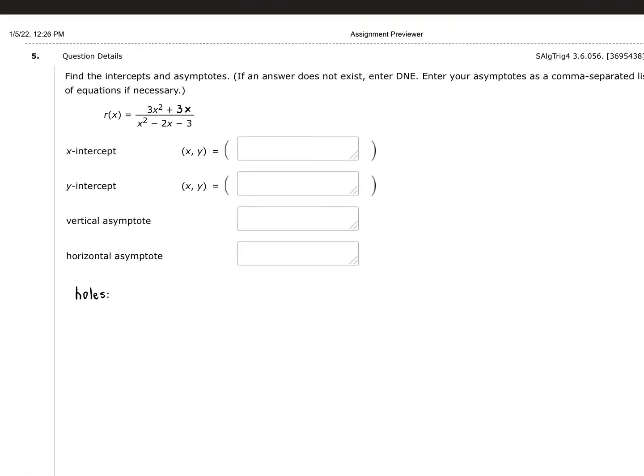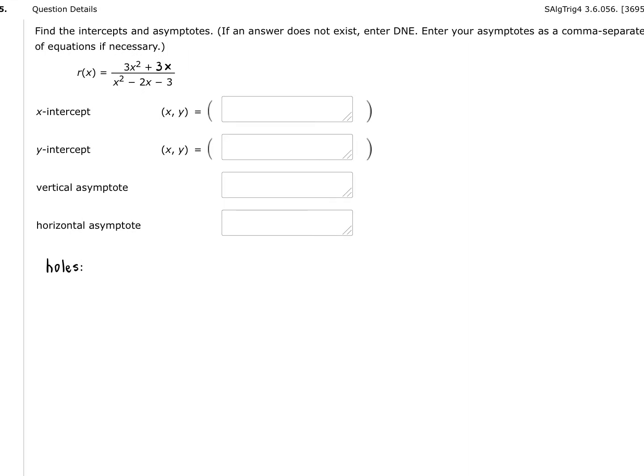For number 5, we're given the function r of x is equal to 3x squared plus 3x over x squared minus 2x minus 3. We're going to first find your x-intercept. So we're going to take the 3x squared plus 3x and set it equal to 0. We can factor out the greatest common factor of this, which is 3x, and that's going to give us 3x times x plus 1 is equal to 0.